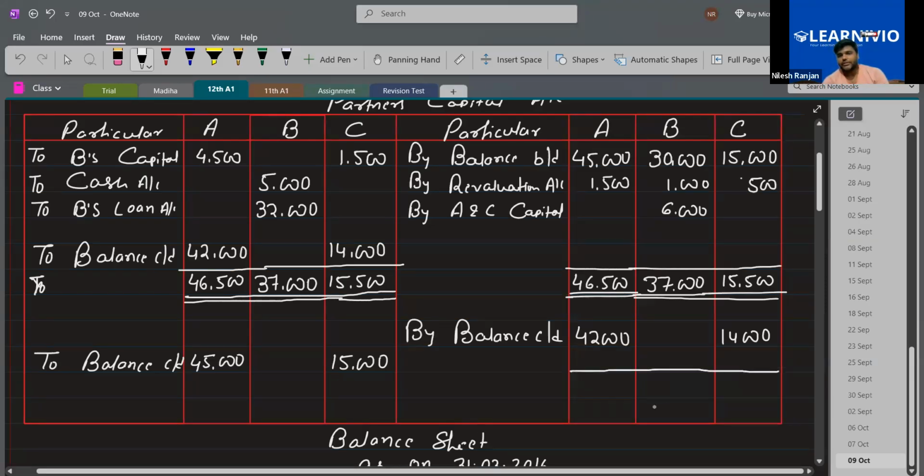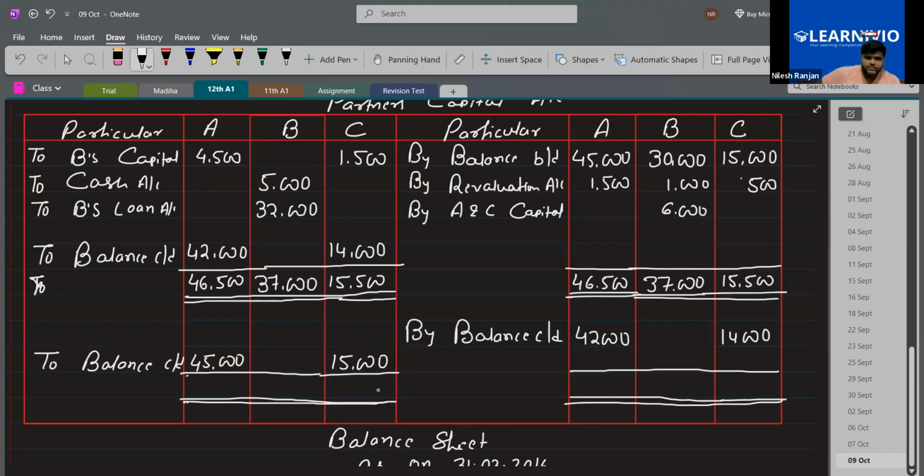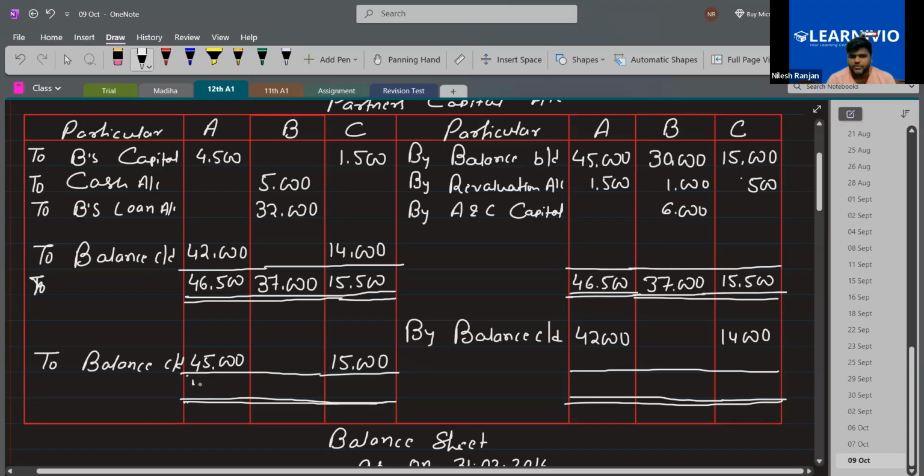Now we will calculate the difference, and the difference will be either brought in cash or paid in cash. So tell me, who will bring cash? Actually both are bringing cash. 45,000 here, 15,000 here.